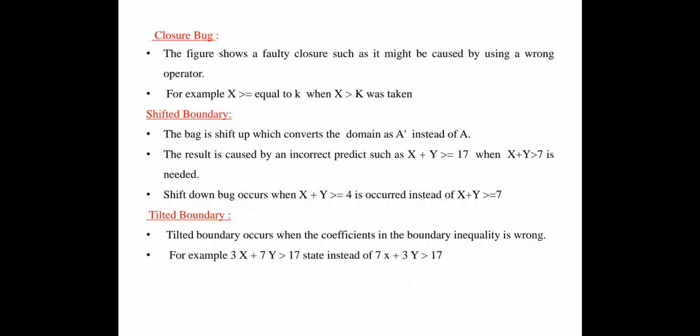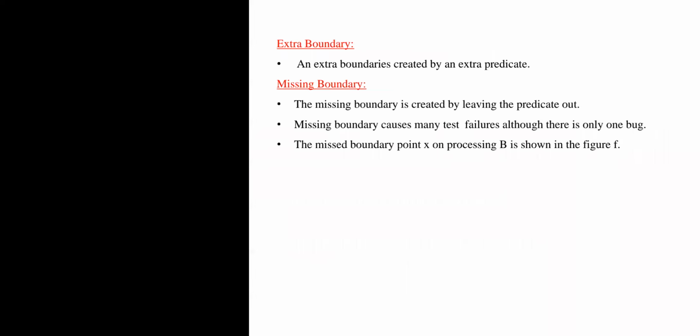You have changed the x value and y value. You are changing the coefficient values of x and y, and that's why the boundary will change. That type of coefficient change is called a tilted boundary error.